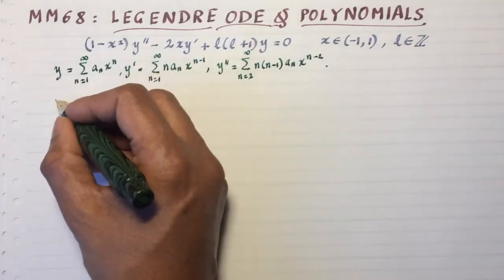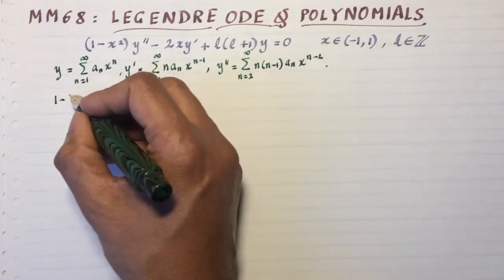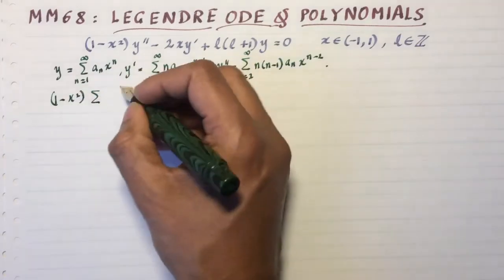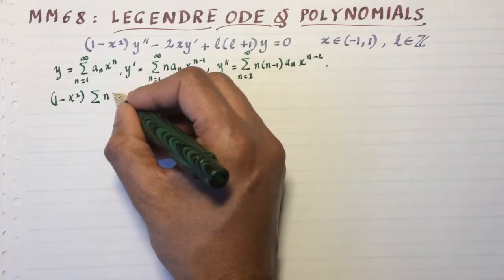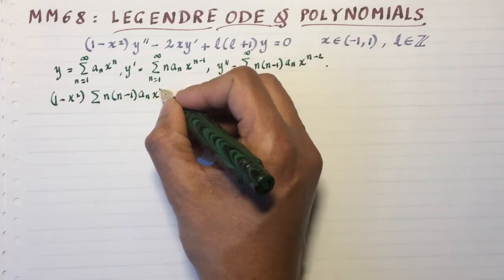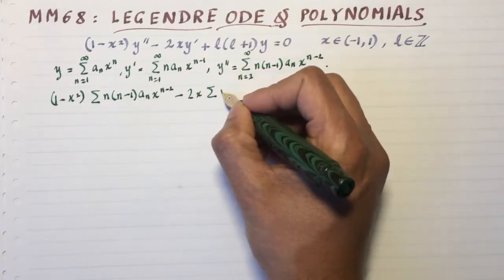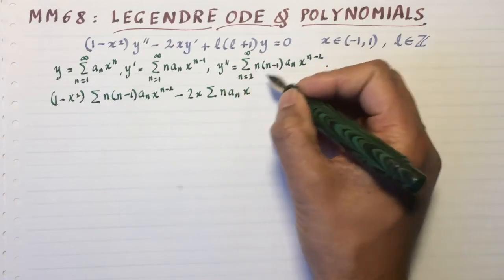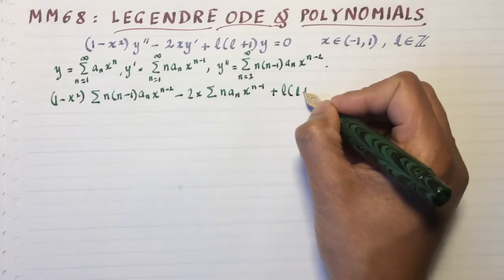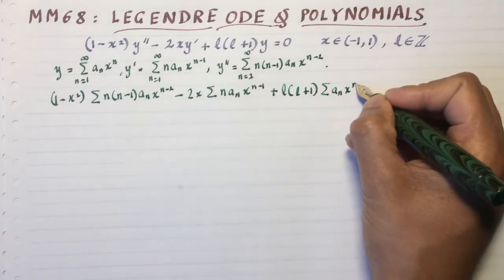So let's substitute everything into the Legendre ODE, and I get 1 minus x squared times the sum, I'll omit the summation range, a_n x to the n minus 2, minus 2x times the sum n a_n x to the n minus 1, plus l times l plus 1 times the sum a_n x to the n, equal to 0.